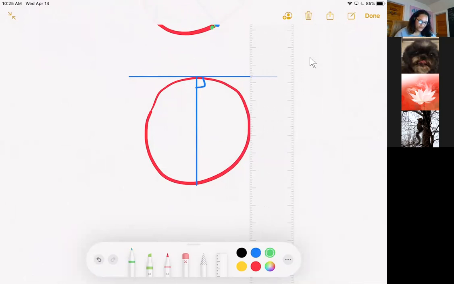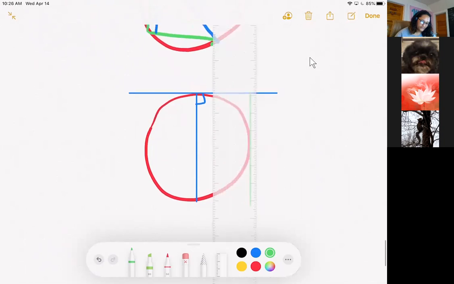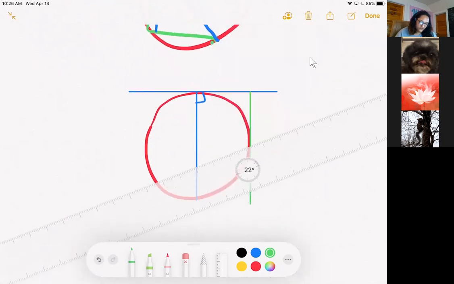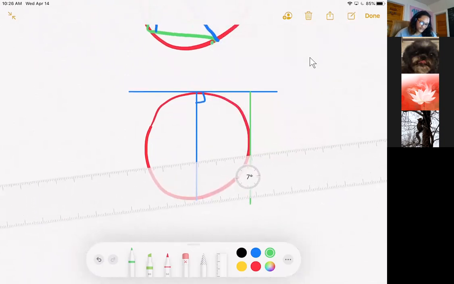So let's go ahead and draw another tangent line on the other side. That's kind of off tangent. Let's do that. And then I'll draw another perpendicular line where it touches the circle.